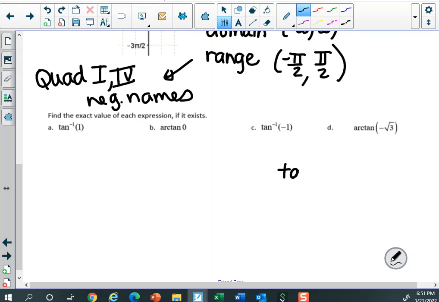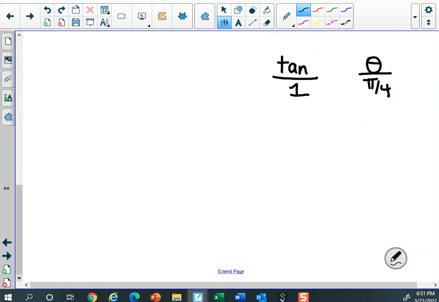Okay. Let's make a little chart here, a tangent value and the theta value. A tangent of 1 is the pi over 4 family. A tangent of root 3 over 3 is the pi over 6 family.